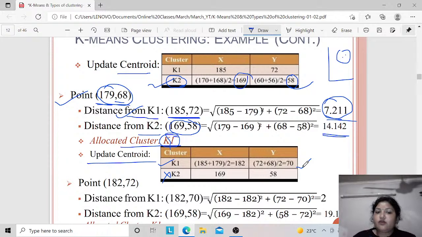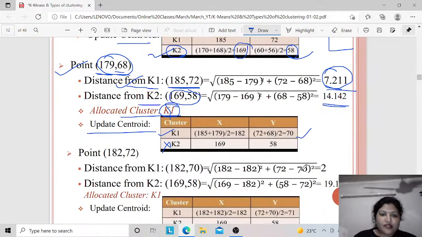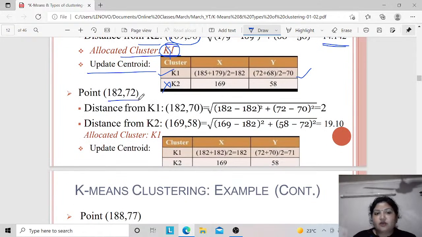And you update the centroid value. So this is how we calculate it. Let us take another point, that is 182 and 72. Now my K1 centroid would not be 185 and 72. It would be updated to 182 and 70, right?